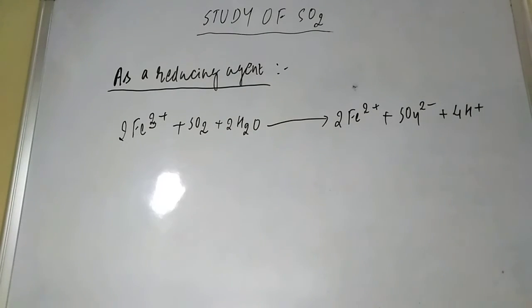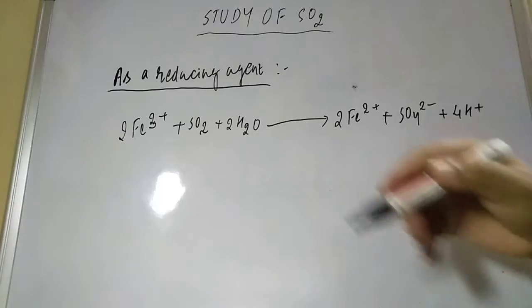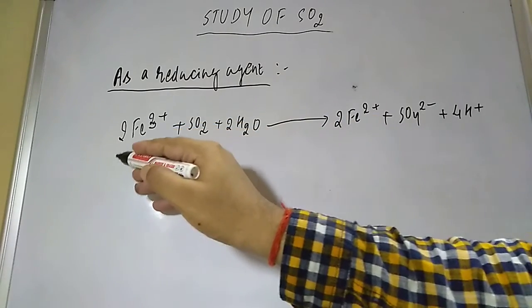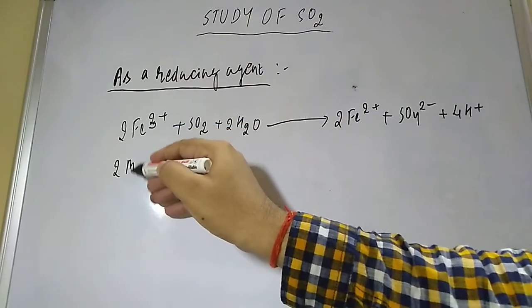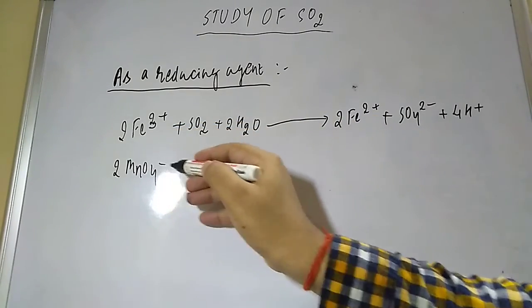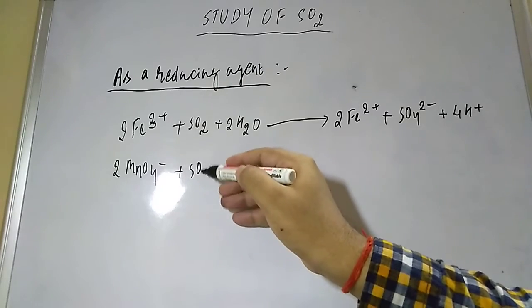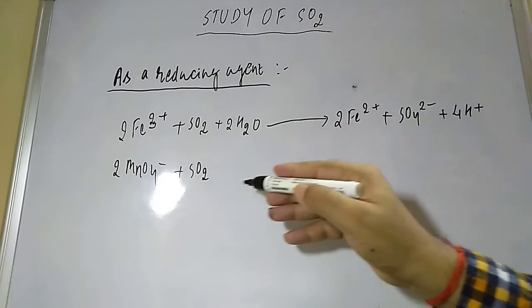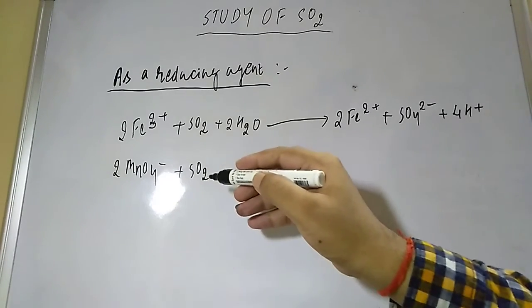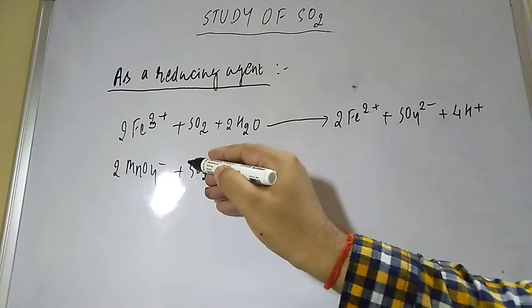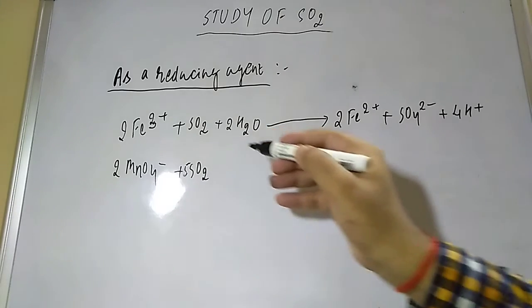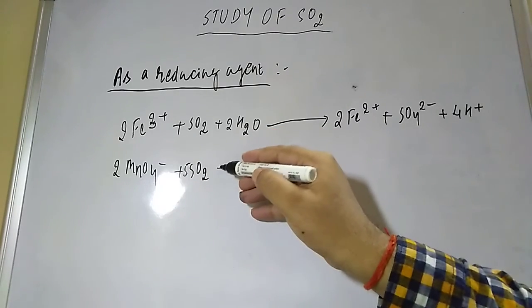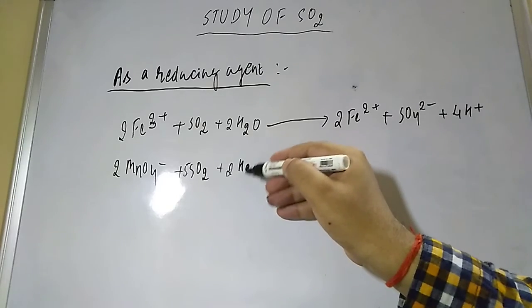Now one more reaction you see student, for permanganate. If you are taking 2MnO4-, and treating with sulfur dioxide, take 5 mole of sulfur dioxide plus 2 mole of H2O.